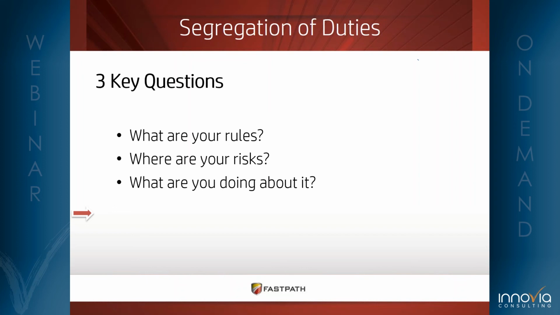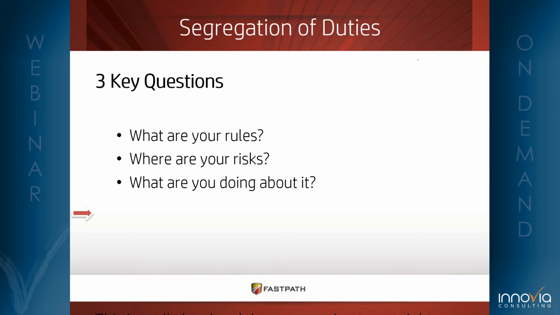Whereas, if you have a ton of cash coming in the door and you need to make sure that that cash is being received and posted to the customer accounts appropriately, you want to spend more time looking at those processes, etc. Okay, so that's really when it comes to segregation of duties, knowing what your rules are, where are your risks, and what you're doing about it.